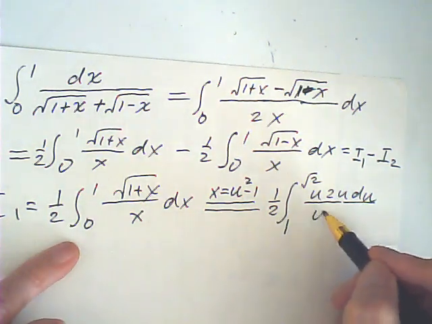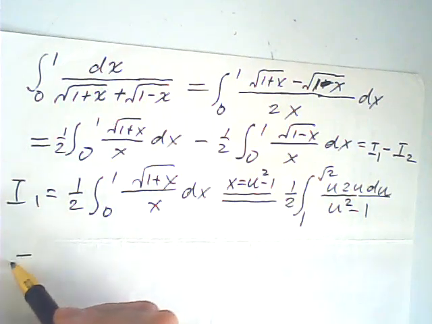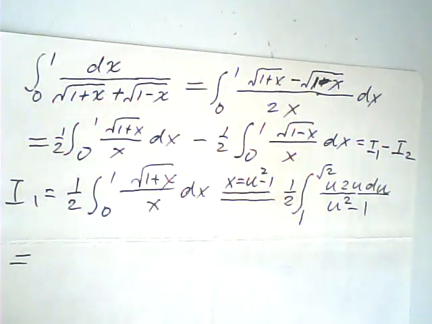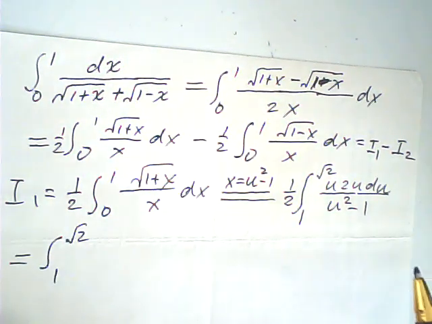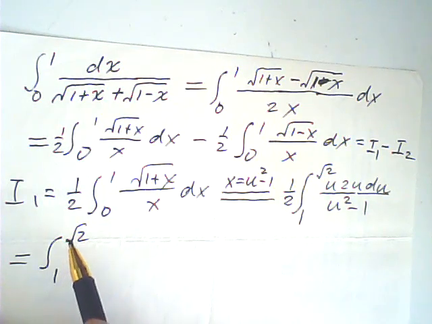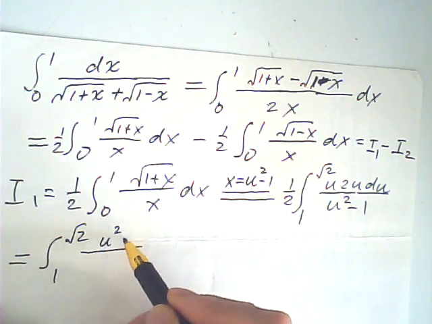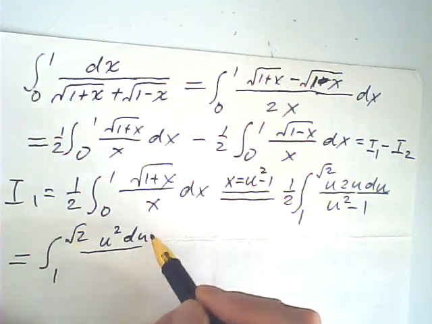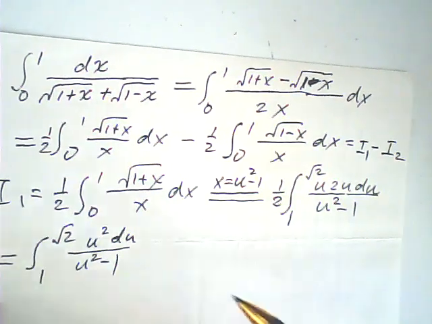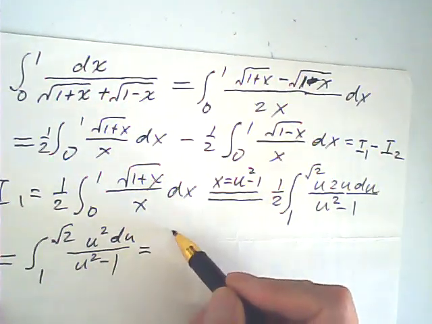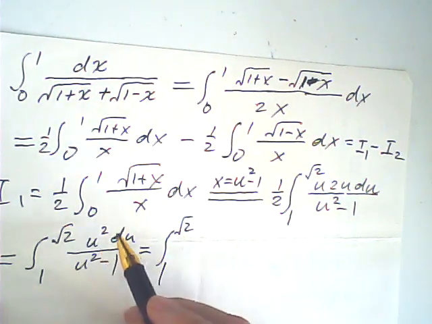This will be u squared minus 1. Okay, so this is equal to, 2 cancels out, the integral from 1 to square root 2 of u squared du times u squared minus 1, right? So minus 1 plus 1.